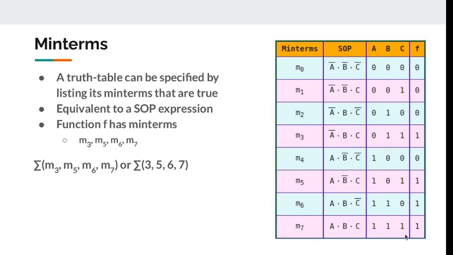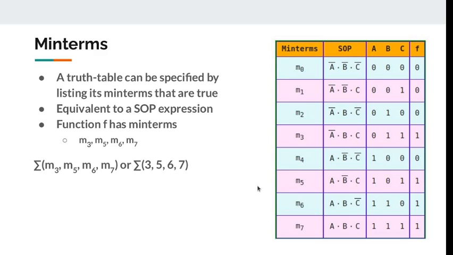For example, this function f here has Minterms 3, 5, 6, and 7. How can I write this? Sum, because it's a sum of products. Addition of products of Minterm 3, Minterm 5, Minterm 6, and Minterm 7, or just sum of 3, 5, 6, and 7. So this is a really compact way of describing this function.